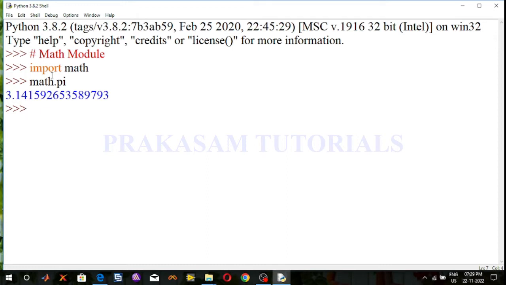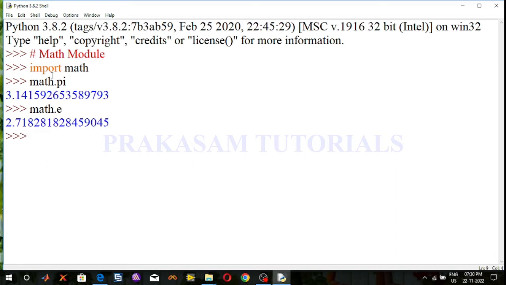Another well-known mathematical constant defined in the math module is small e. Small e is called Euler's number, and it is the base of the natural logarithm. Its value is 2.718. In Python, we observe the constant e value with math.e, and its value will be displayed on the Python console.